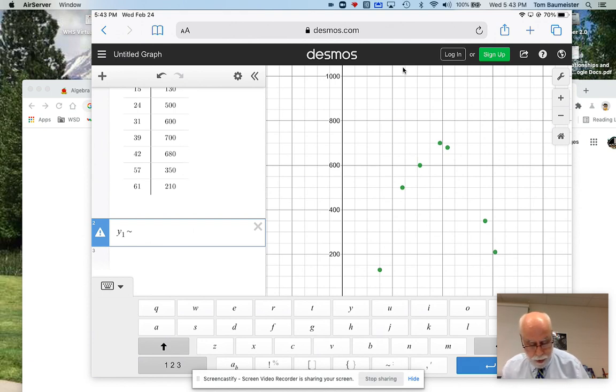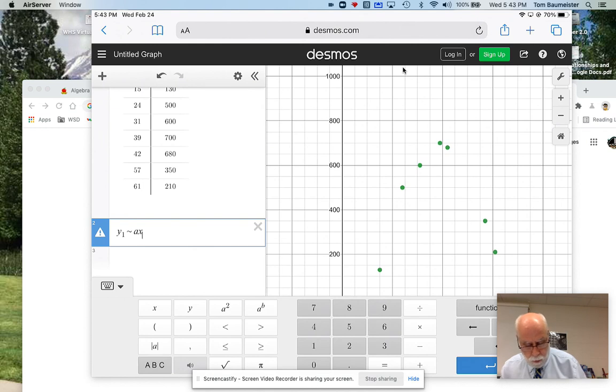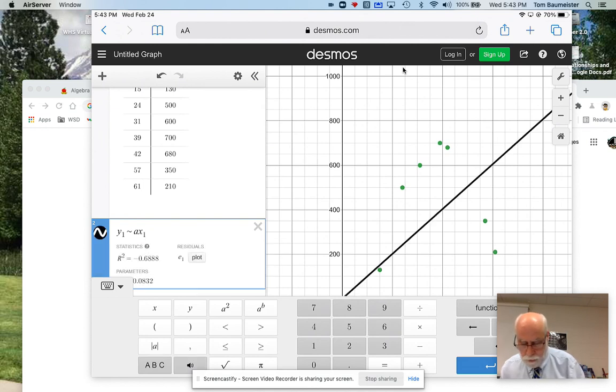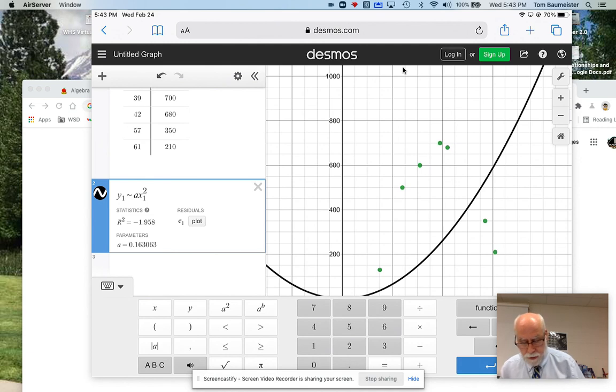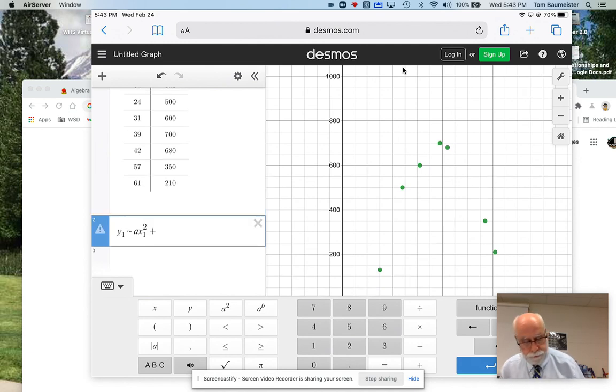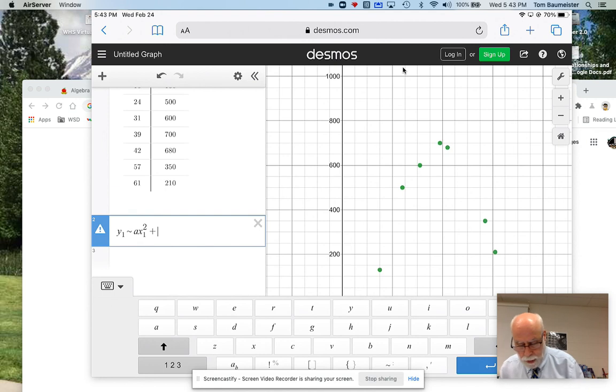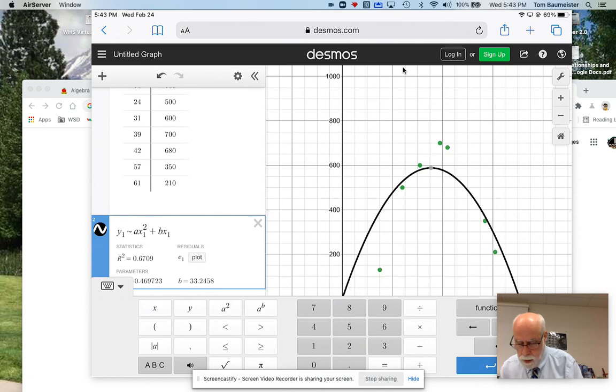So you're going to tell me that's a x sub 1, and then we should be able to square it. And then you're going to tell me that's plus b x sub 1. And look how nice it's looking for us. And then we're going to say plus c.